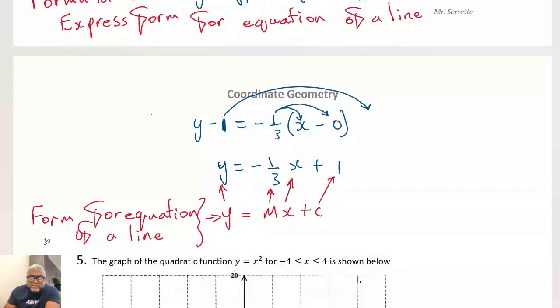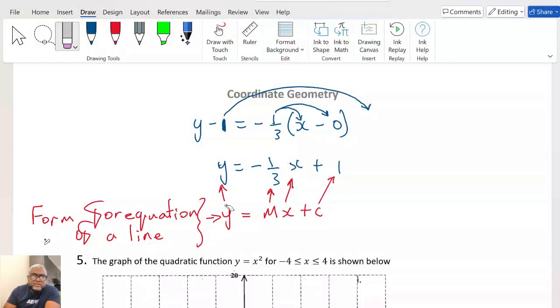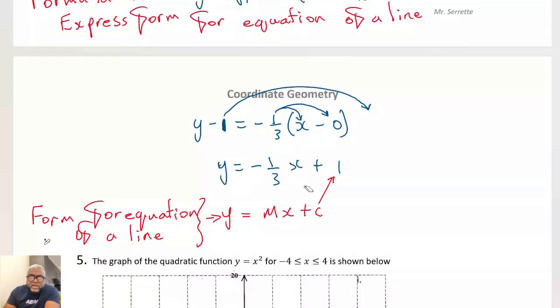Okay, this is your form. Write it down. I have a feeling plenty of you write nothing, and don't remember anything. Right? This is the form.